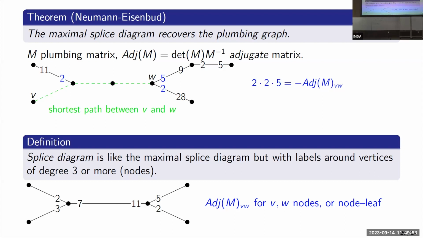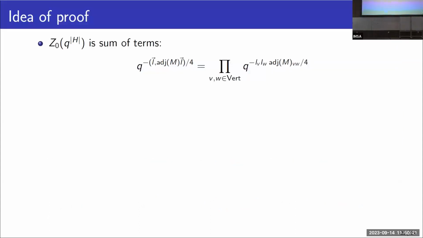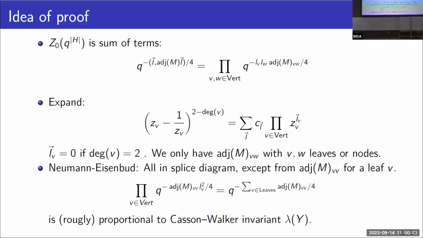And this is exactly what appears in the formula for the Casson invariant. So this is how we get the Casson invariant, which is here in the exponent. So it's a very lucky thing that there is something which would make a problem because it's not in the splice diagram, but it actually contributes just by a uniform power of Q. Okay, so this is about the proof.